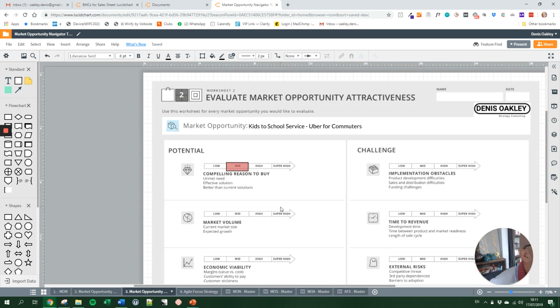So for each of these, the potential: is there a compelling reason to buy? Is there an unmet need? Is it an effective solution? Is it better than current solutions? Right, so let's think about it. I used to walk or cycle to school a lot of the time. My mum used to take me about half the time.